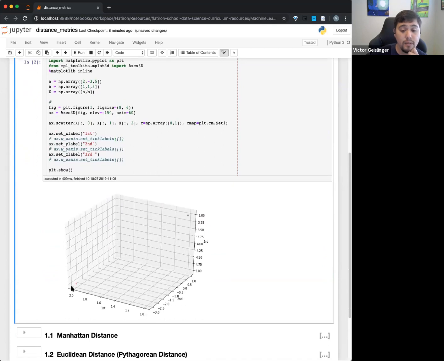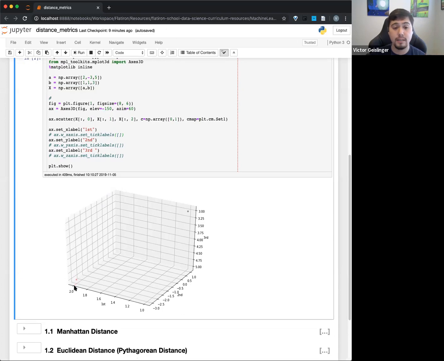So for K-nearest neighbors, we have to know how far away different points are from each other. And there are a few ways we can measure this. I think most instinctively, people would say, just imagine drawing a line from here to here, like a straight arrow. That's how far they are.